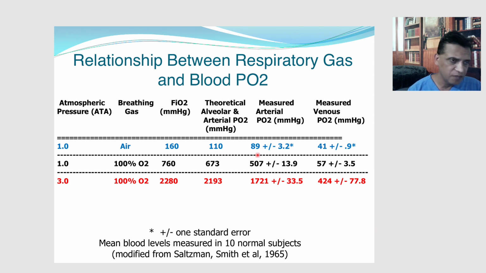So when breathing air at 1 atmosphere, arterial oxygen tension falls from about 90 to about 41 in the venous system. So a drop of over 50%. When breathing pure oxygen at 1 atmosphere, it goes from 500 to about 57. A reduction by a factor of 8, an 8-fold decrease. And when breathing 100% oxygen at 3 atmospheres, it goes from 1700 to about 424.